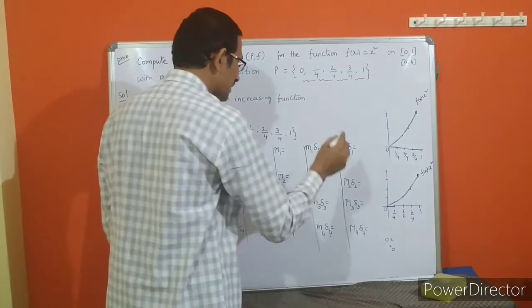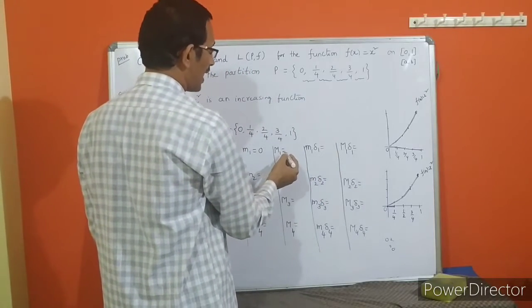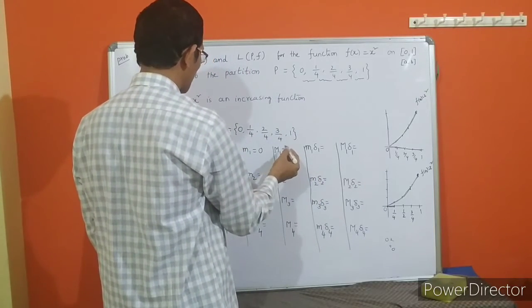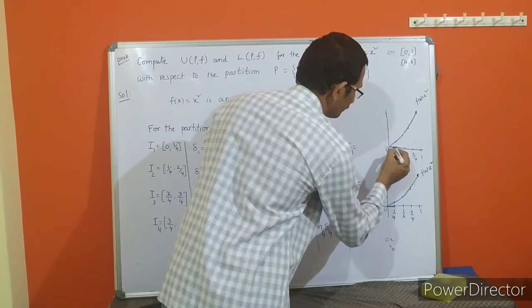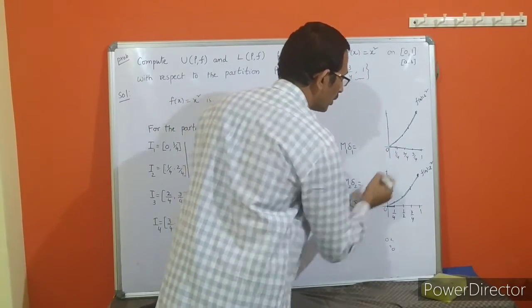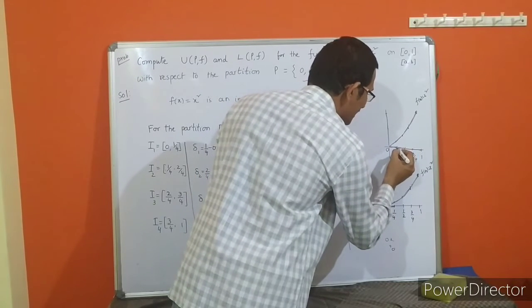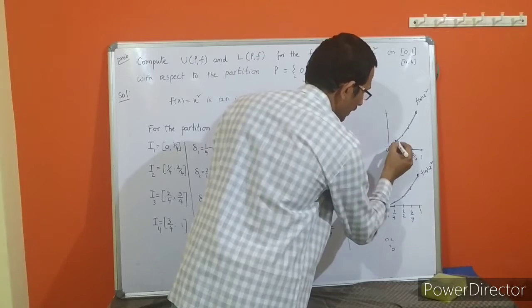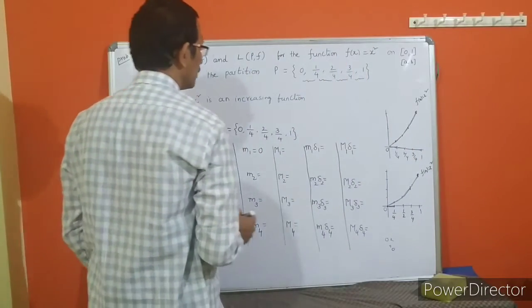Similarly, because it is an increasing function, the maximum value or highest value of f of x comes at the highest value of x. See here, same interval, 0 to 1 by 4. The maximum value occurs at the maximum value of x. So here, this is the maximum value, right?